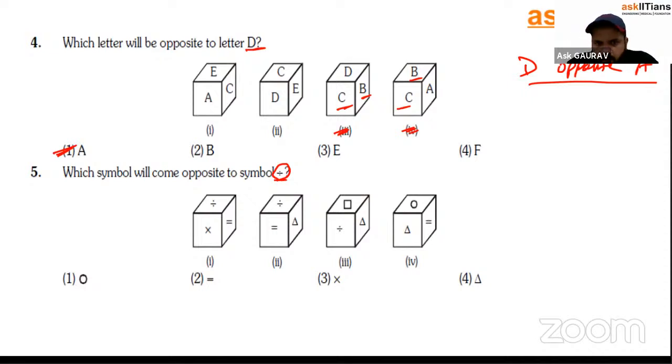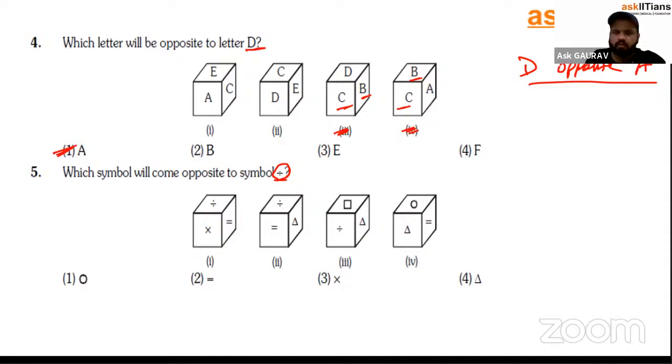You can also do this question by option elimination, which is very easy. First tell me the answer, then I will tell you both ways.